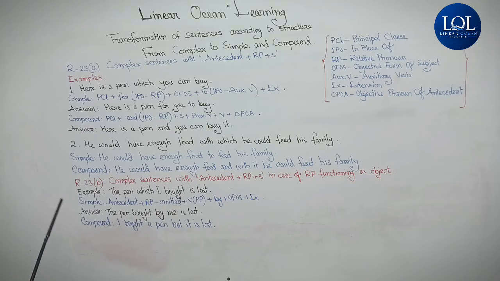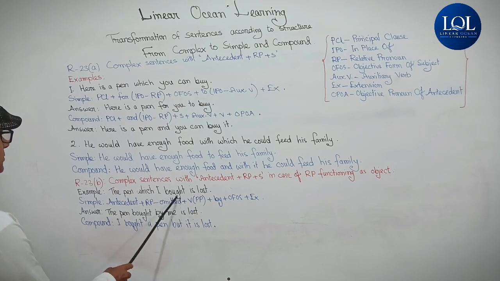Now if we want to put it into a simple sentence, the structure we have to follow is antecedent plus relative pronoun omitted. That means there will not be any relative pronoun in the simple sentence, plus VPP, verb past participle.